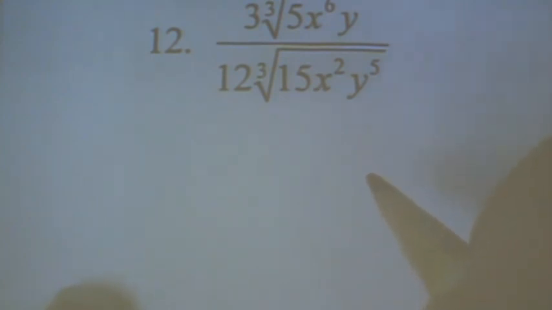Does anyone think they know what to do with 3 over 12? Simplify it. Yep, do it. 3 and 12, make it 1 and 4. What else? And then 5 and 15. Now, did anybody make one big root?